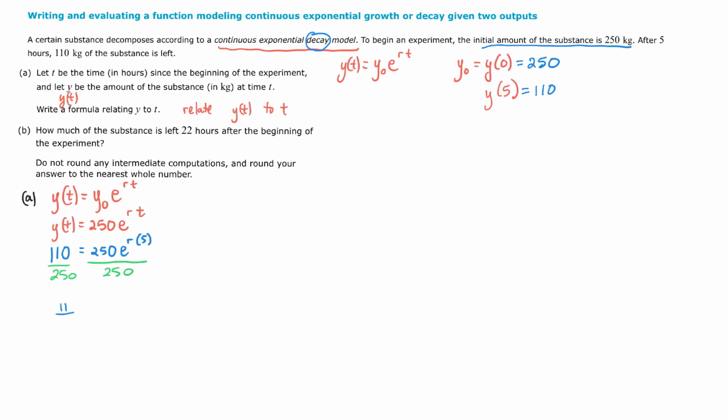We get 11 over 25 is now equal to e to the 5 times r. We're going to take the inverse of the exponential function, which is called the natural log, and we're going to take the natural log of both sides of the equation.